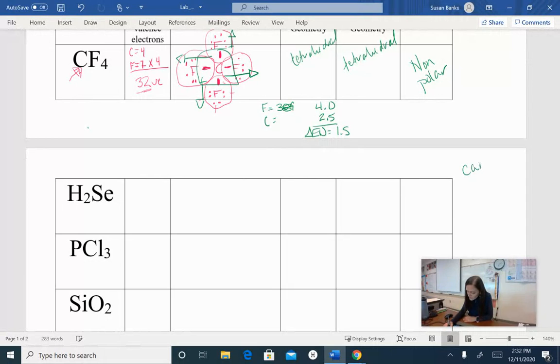If they cancel, then that molecule is nonpolar. If those dipoles do not cancel, then that molecule is polar. That means we have one end that is a little bit more negative and another end that is a little bit more positive.